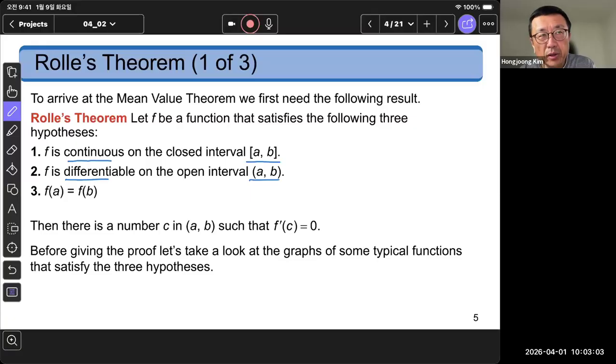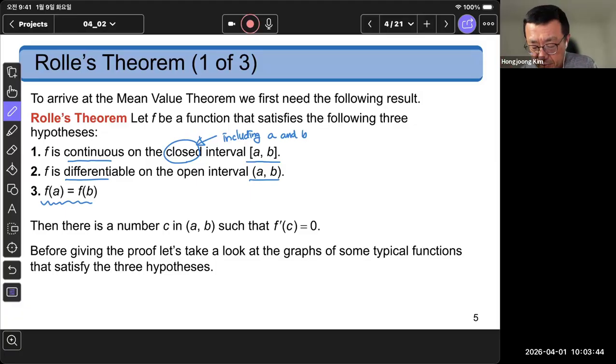So your function is continuous on the whole interval from A to B, including the endpoints A and B. When I say closed, that means including these endpoints. And your function is differentiable on the open interval from A to B. And f of A and f of B are the same. So at these two endpoints, the function values are equal.